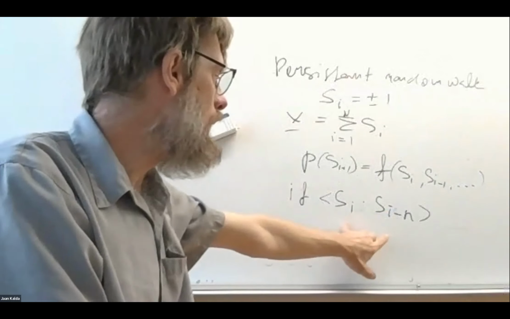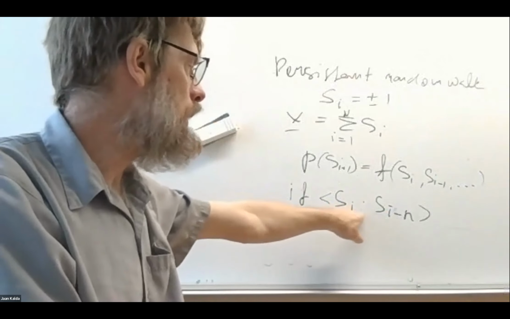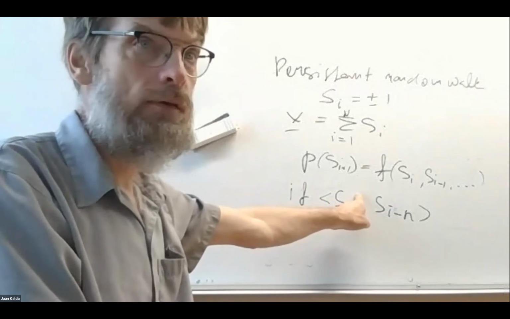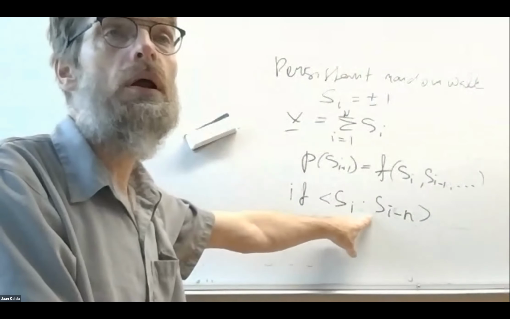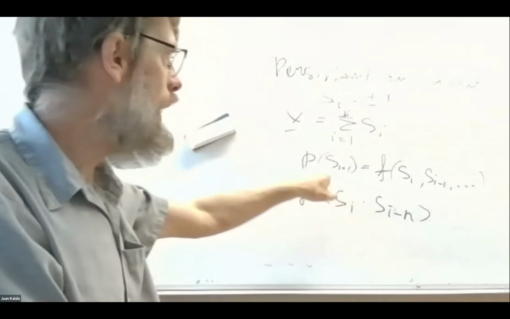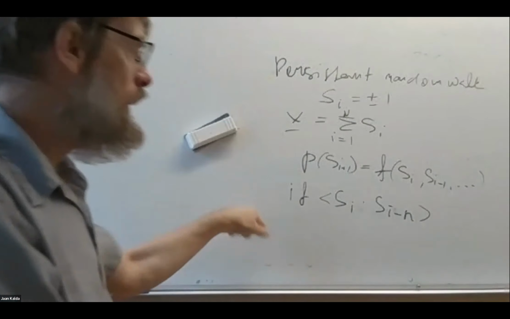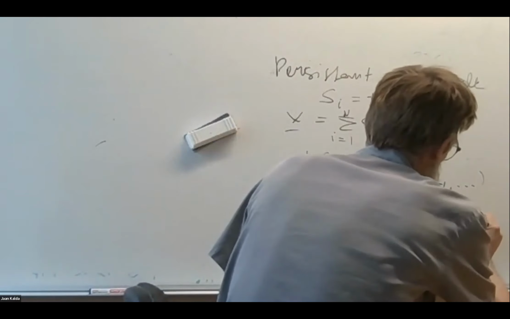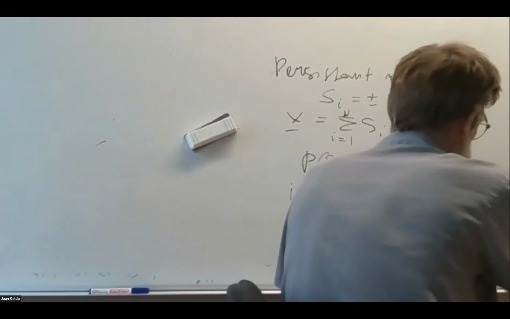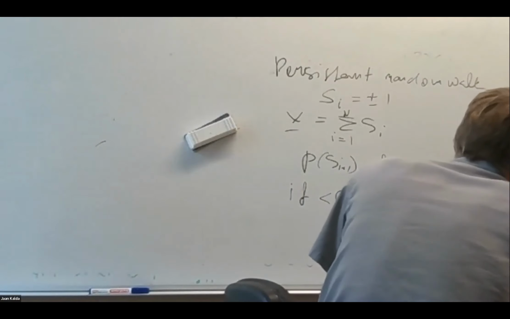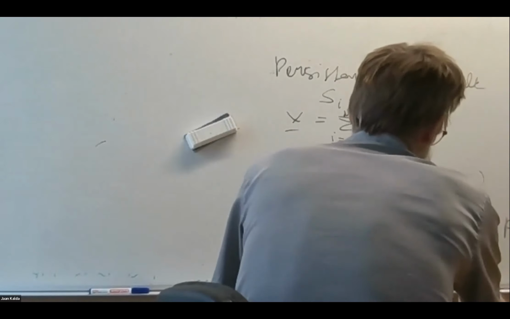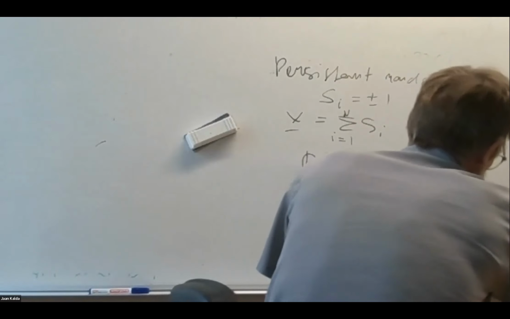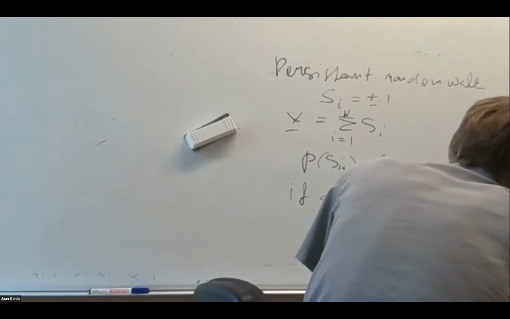If they were uncorrelated, the average of the product would break down into the product of the average of S_i and the average of S_{i-n}, which would give the result 0. But now they are correlated, and if this is bigger than 0, then it is persistent. And if it is smaller than 0, then it is anti-persistent.